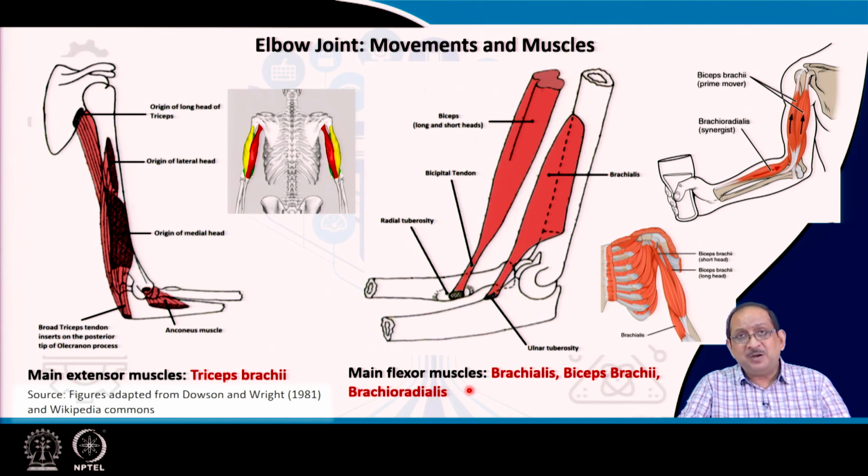The main flexor muscles are brachialis, biceps brachii and brachioradialis. So, we have biceps brachii, brachialis here and brachioradialis that are actually causing the flexion movement.